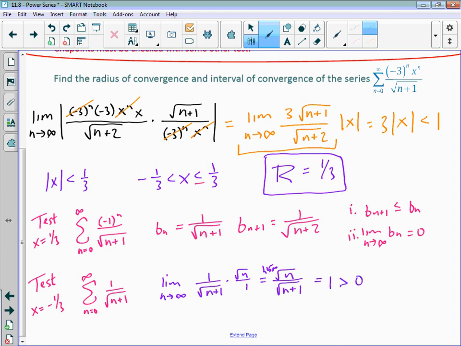So either both converge or both diverge, and we know that b sub n does what? Diverges. So if b sub n diverges, then this one has to diverge. So it diverges by the limit comparison test. So then we don't include that one. See how fun these are, guys? See how well you have to know your tests to be able to do a bunch of that stuff?